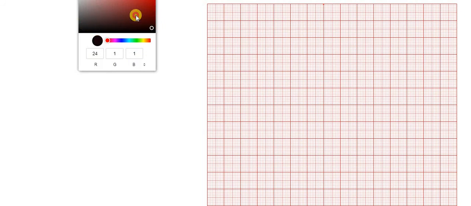Now, as usual, take your pencil and scale and draw the lines. Construct the graph as usual.